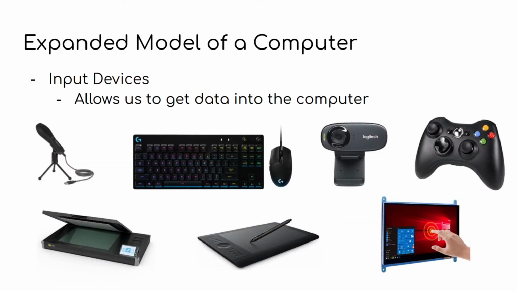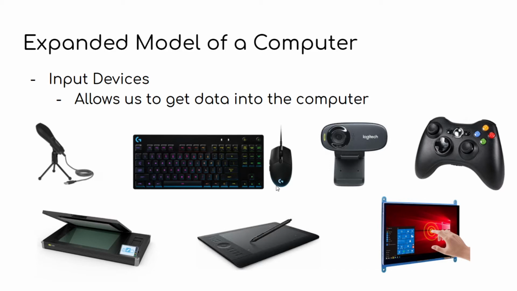So the first one that we're going to talk about is input devices. These are devices that allow us to get data into the computer. As I was talking just now, I've got a microphone over here that I am talking into, and it is receiving my audio as input, where it's being processed by the computer and saved as audio information.